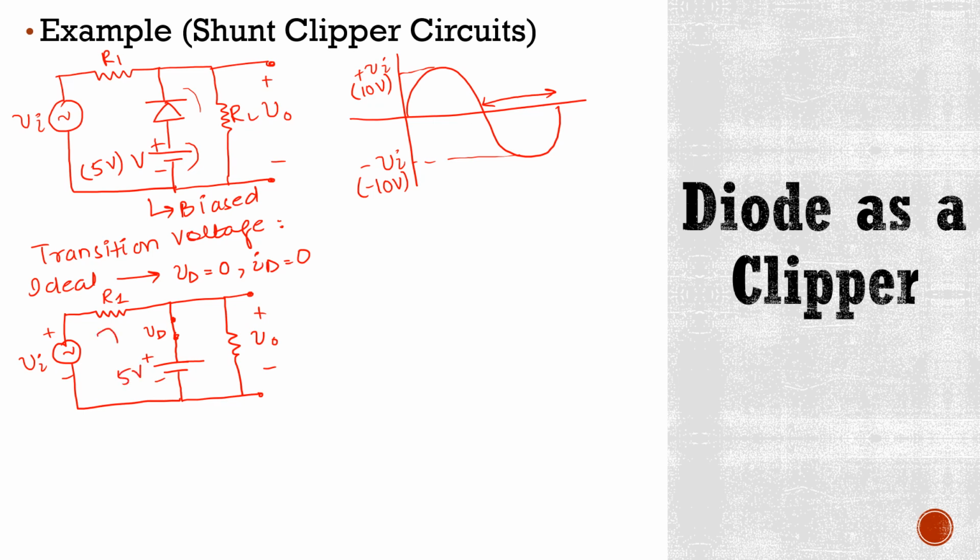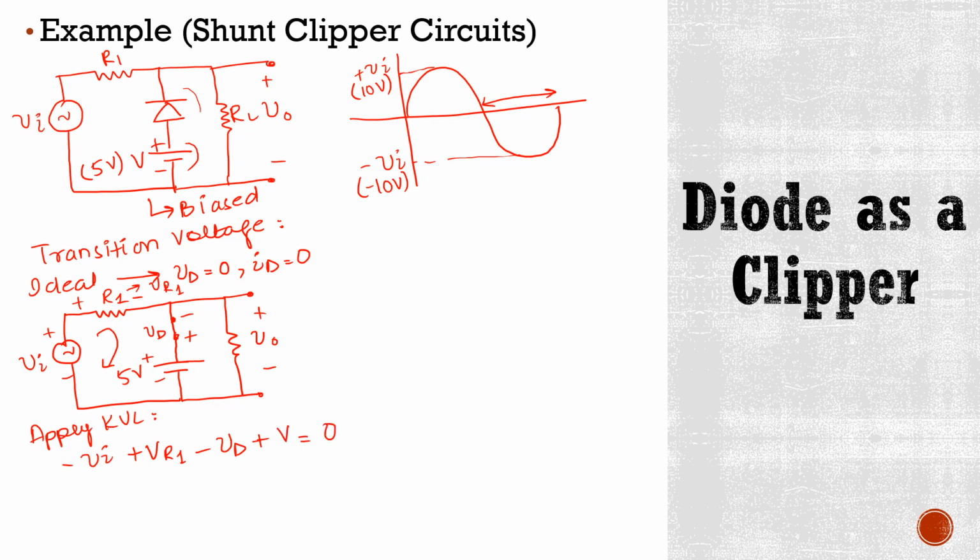Now look at this loop. If we apply KVL here, our KVL equation will be minus Vi plus VR1, because the voltage drop across R1 is VR1, minus VD plus V is equal to 0.